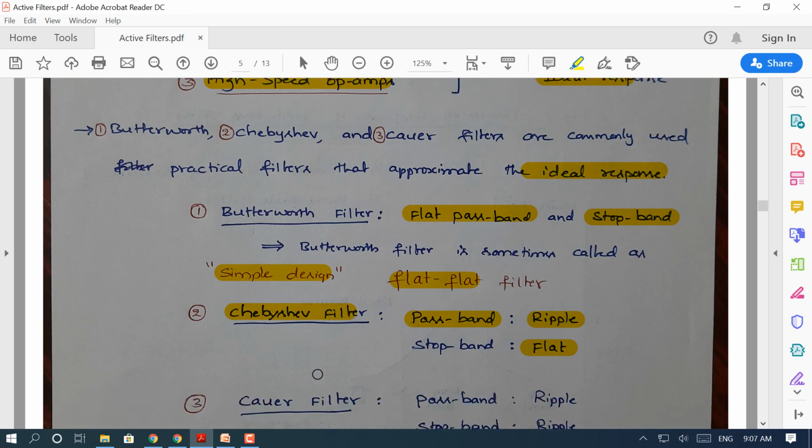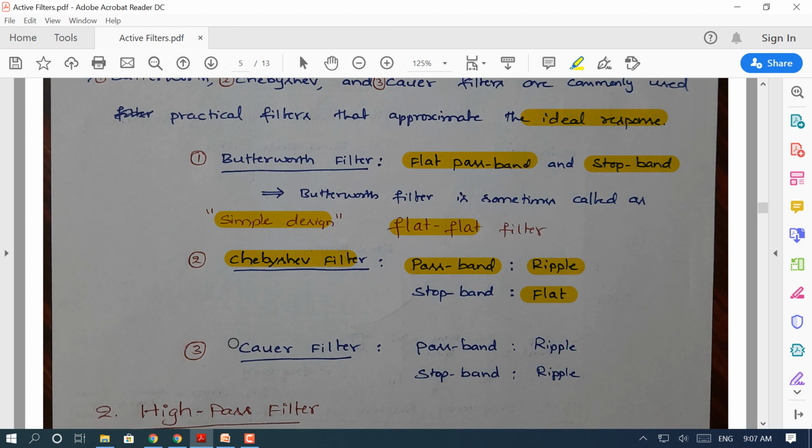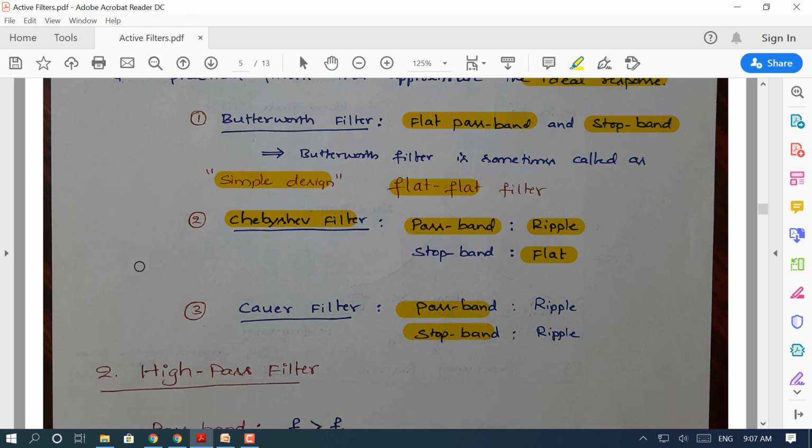The third practical filter we can use is the Cauer filter, where we see ripples in both the pass band and the stop band. The Chebyshev filter and Cauer filter are not in our syllabus. However, we are going to discuss the Butterworth filter design in our lecture.